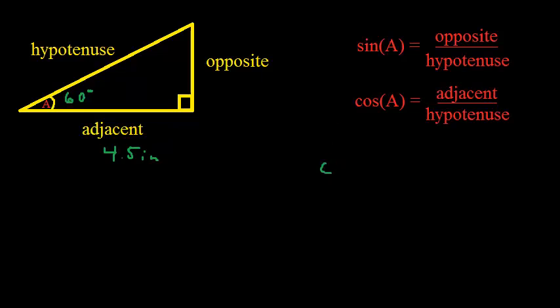The cosine of 60 degrees is equal to the adjacent side, 4.5, over the hypotenuse, again, h. Cosine of 60 degrees is 1/2, which is equal to that 4.5 over h. Another way I can solve this type of proportion is using cross multiplication.